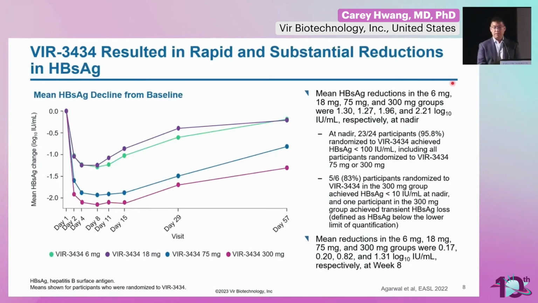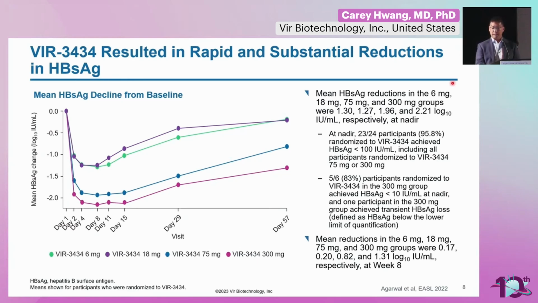So here, as you can see, is a very nice dose response. Even at 6 milligrams with a single dose of the monoclonal antibody, we get greater than 1 log decline in surface antigen levels fairly quickly between day 4 and day 8. And as you increase the dose up to 300 milligrams, we're getting greater than 2 log decline in surface antigen.